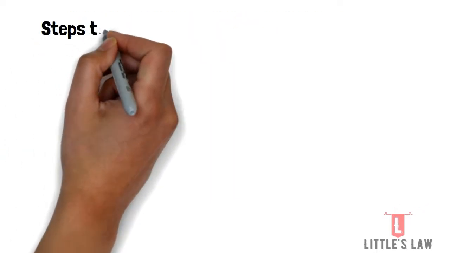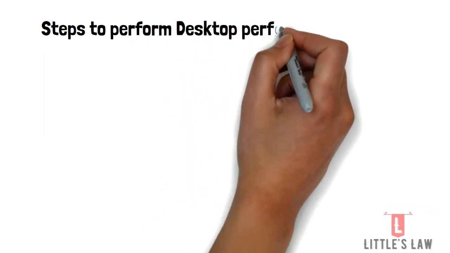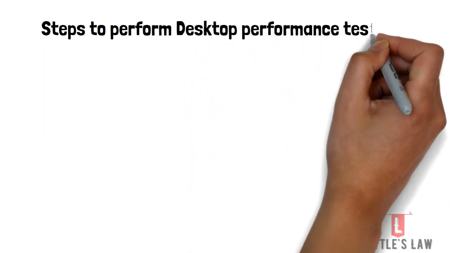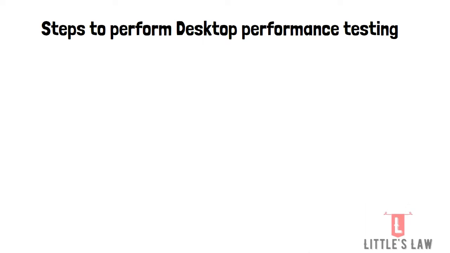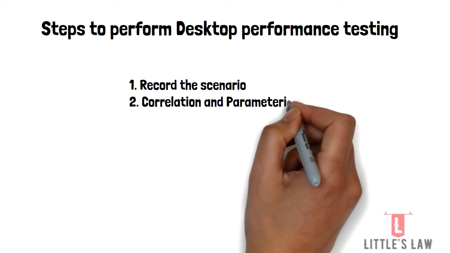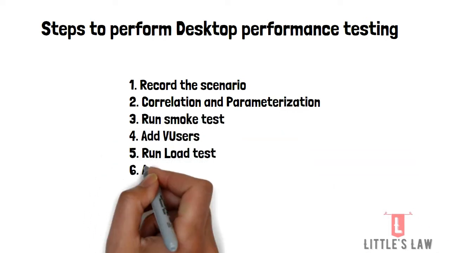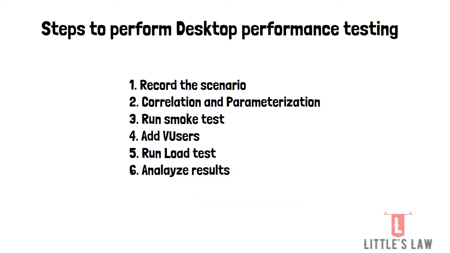So in general, what is the approach of desktop application performance testing? The general approach should be the same as web or mobile application load testing, which is recording the scenario, performing correlation and parameterization, running the test scenarios with one or two virtual users, adding virtual users if we need to do a load test, running the test, and finally analyzing the results.